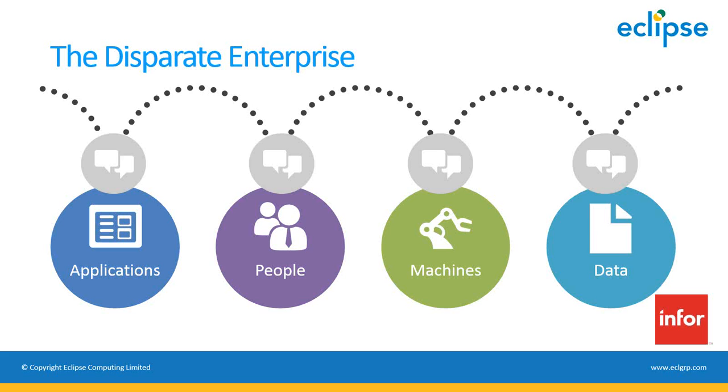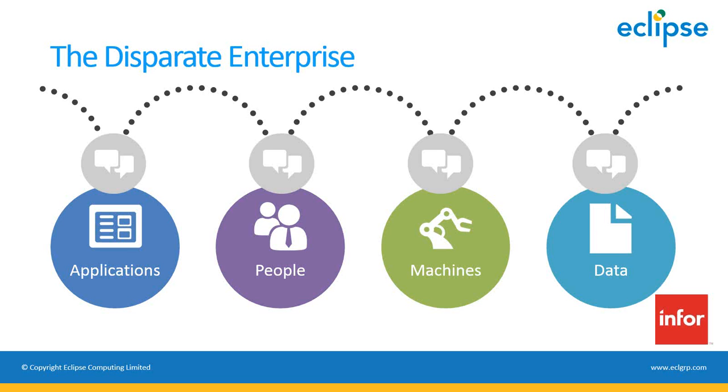More often than not, a single process within an organization spans two or three different applications, but there's no real way of building a workflow process that can reach out across multiple applications, engage people in different departments, and, if we're talking about a manufacturing background, incorporate information coming out of machines, all of which results in some data that needs to be created in one or more different places.